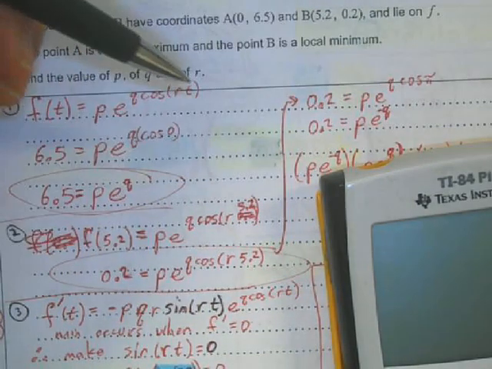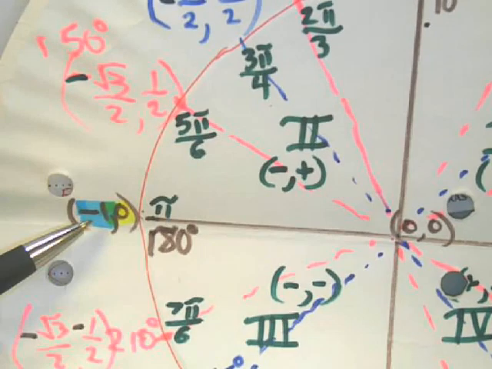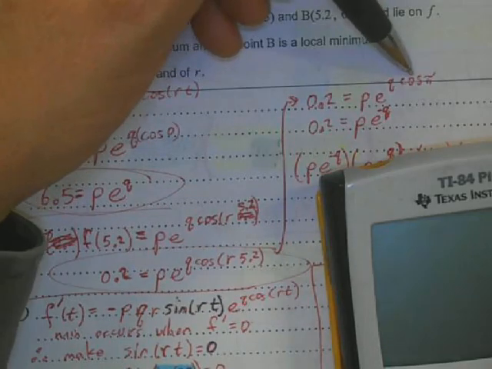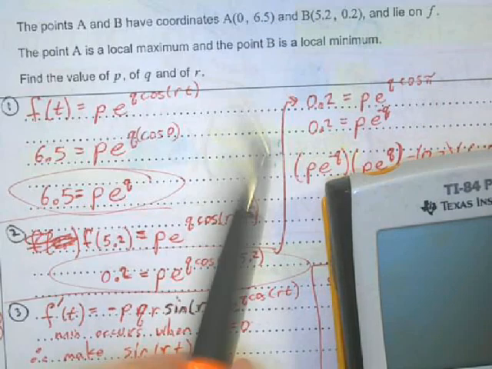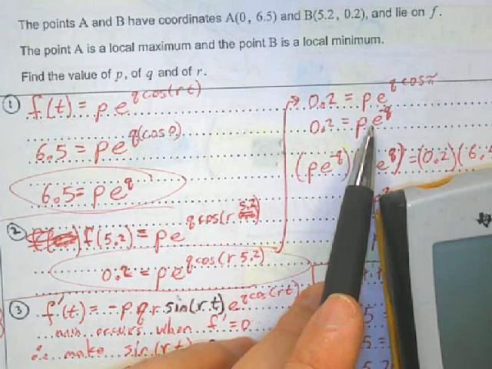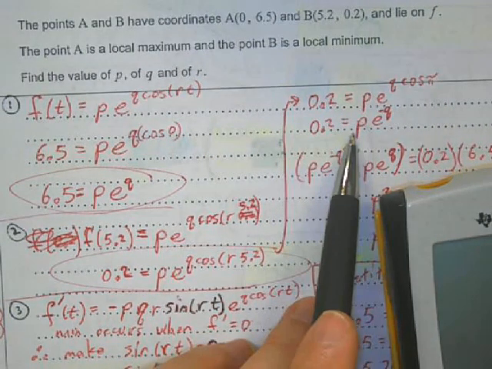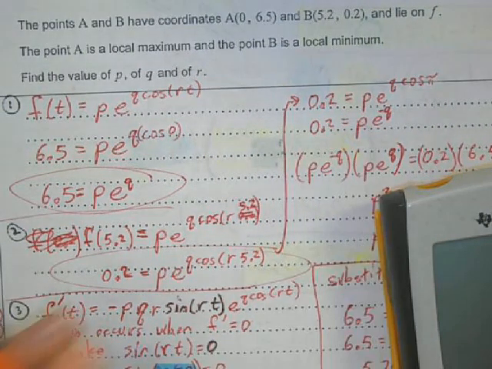Sorry, that's not correct. Cosine of pi is equal to -1. So if cosine pi is equal to -1, then we're going to have 0.2 equals p times e to the -q.